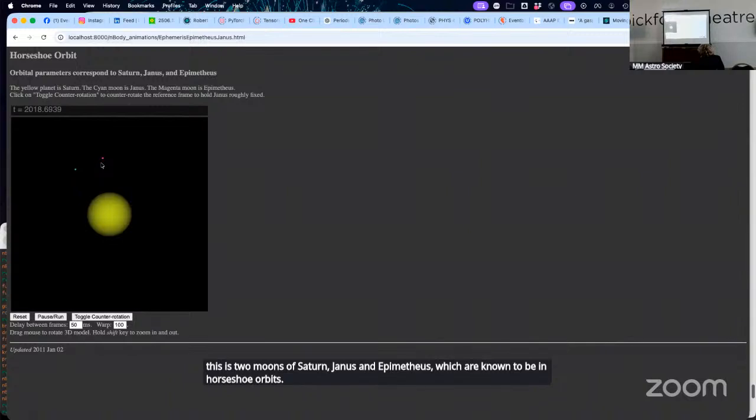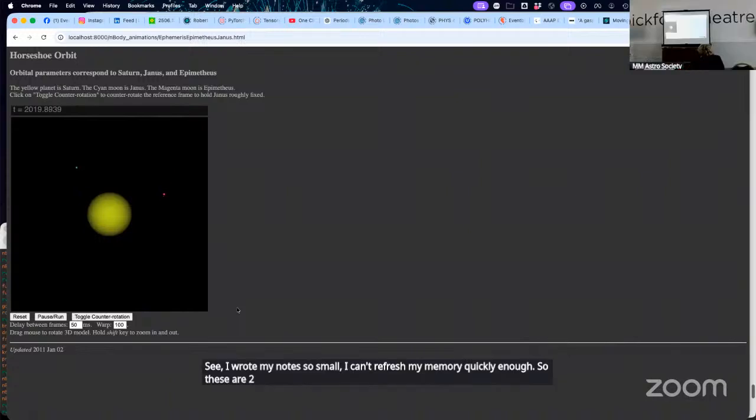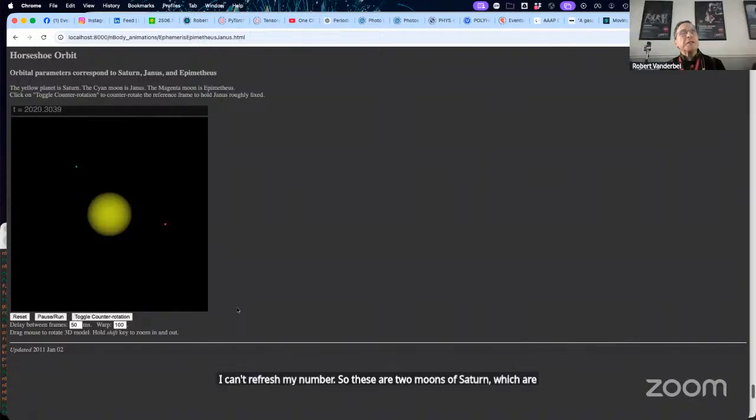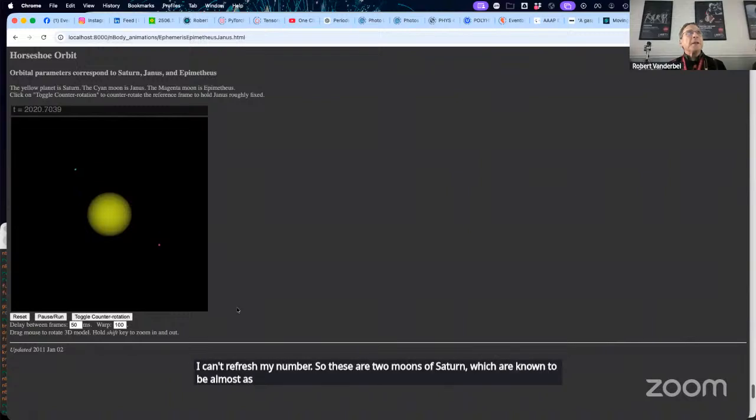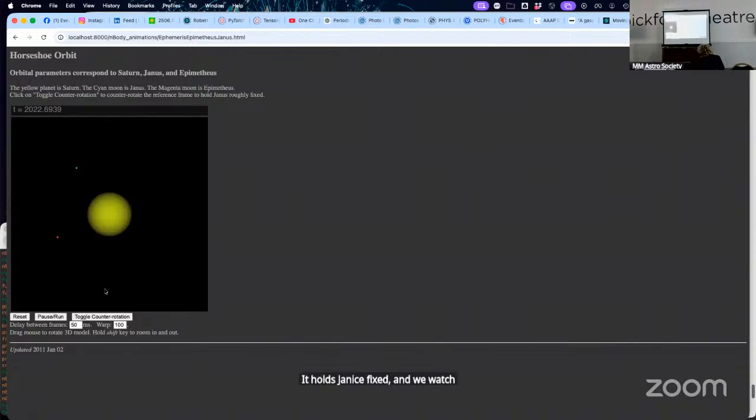See, I wrote my notes so small I can't refresh my memory quickly enough. So these are 2 moons of Saturn, which are known to be at almost the same orbital radius, and therefore they have this pattern, which is interesting. And if we toggle the counter rotation, it holds Janus fixed, and we watch Epimetheus moving around.